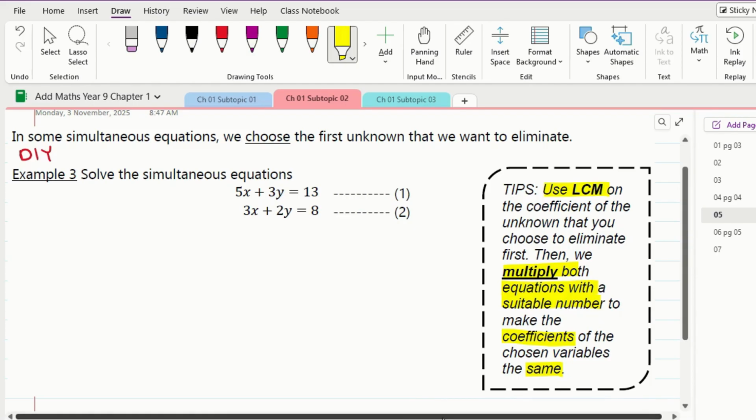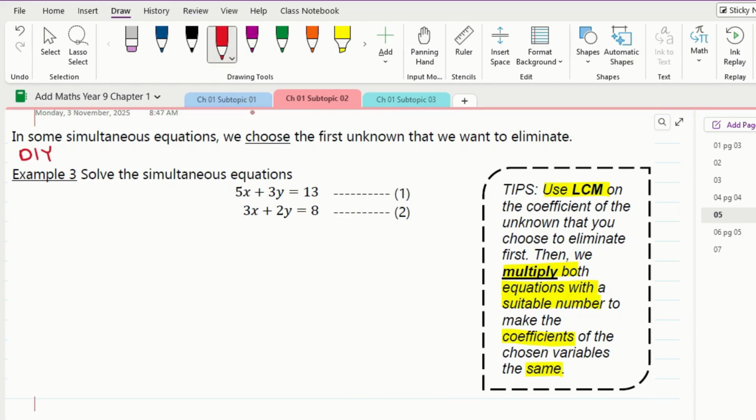So here, for example, if we choose say y to be eliminated first, what you can do is find the LCM of 3 and 2. So LCM of 3 and 2 is 6. So here your objective is to make the coefficient of y equal 6.